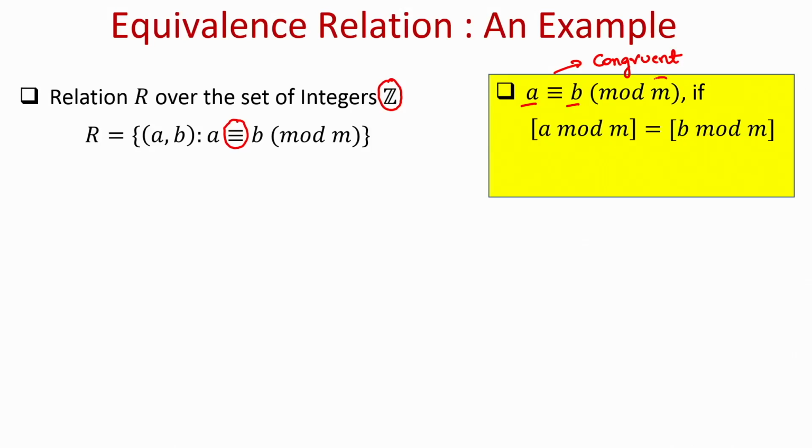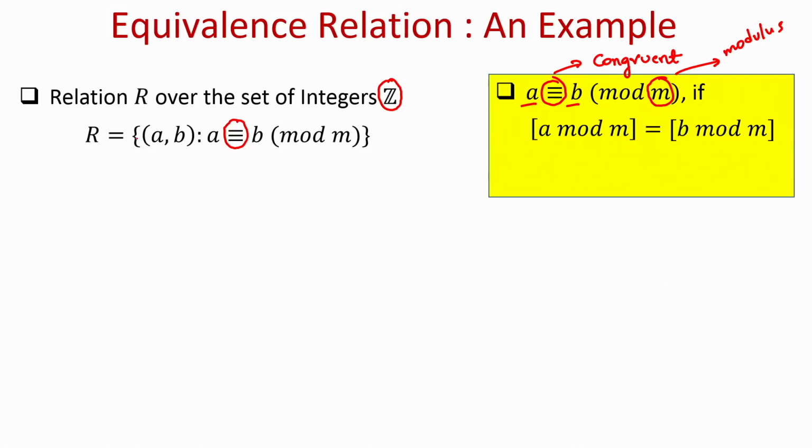So, m is the modulus here, namely the divisor, and you are dividing a by m and b also by m, and if you get the same remainder, then we say that a and b are kind of equivalent in the sense they give you the same remainder when divided by this modulus, and if that happens we say that a is congruent to b modulo m, and we use this notation.